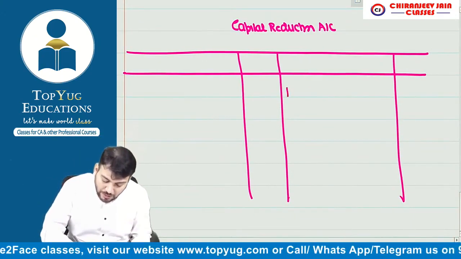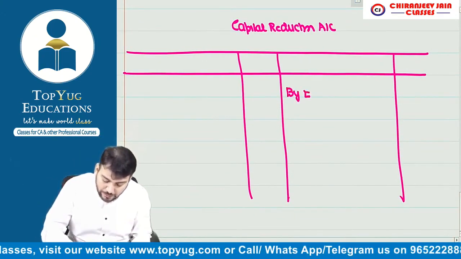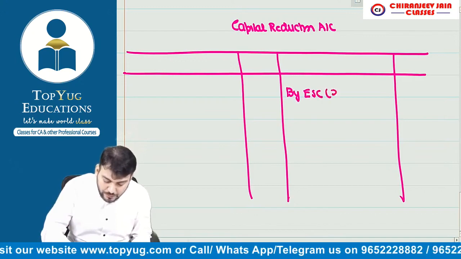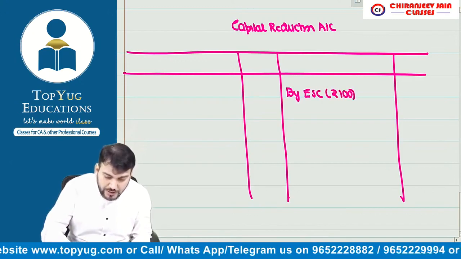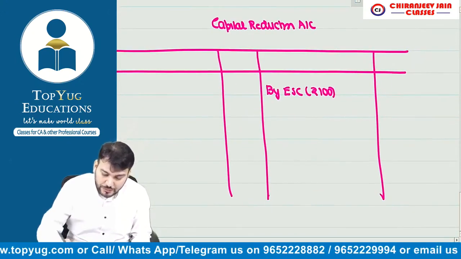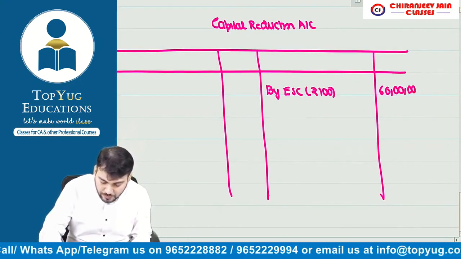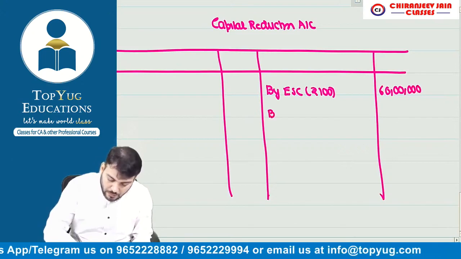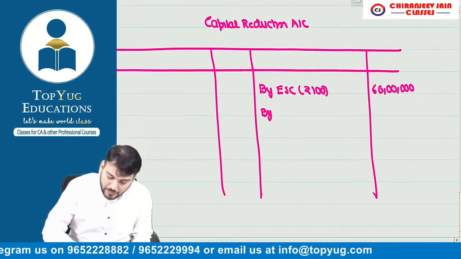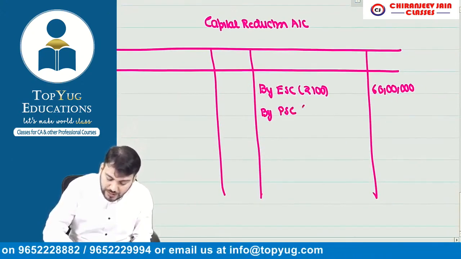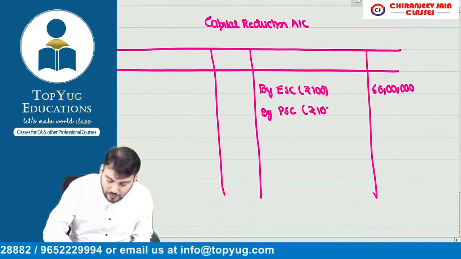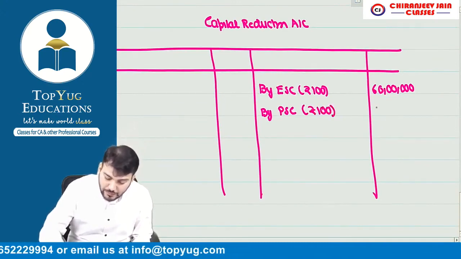So we'll start with what? By equity share capital, rupees 100, how much? 60 lakh. By preference share capital, rupees 100, it is how much? 20 lakh.